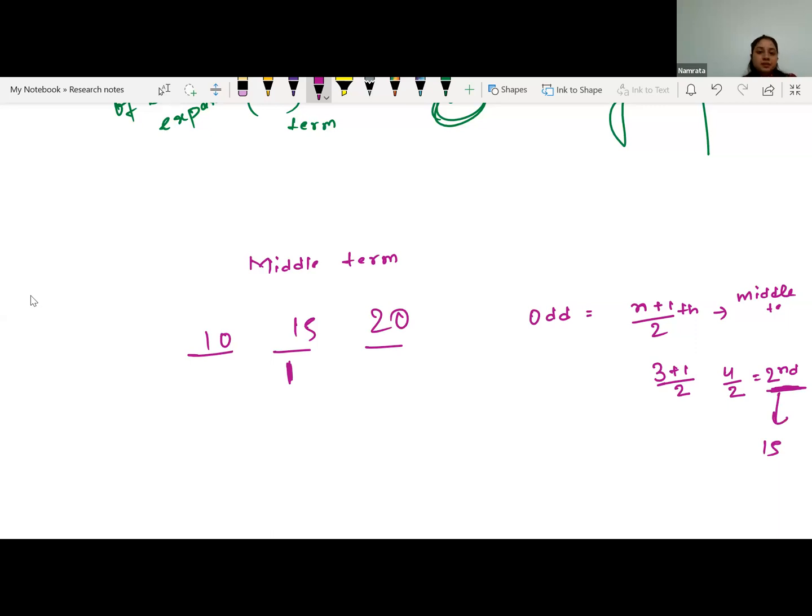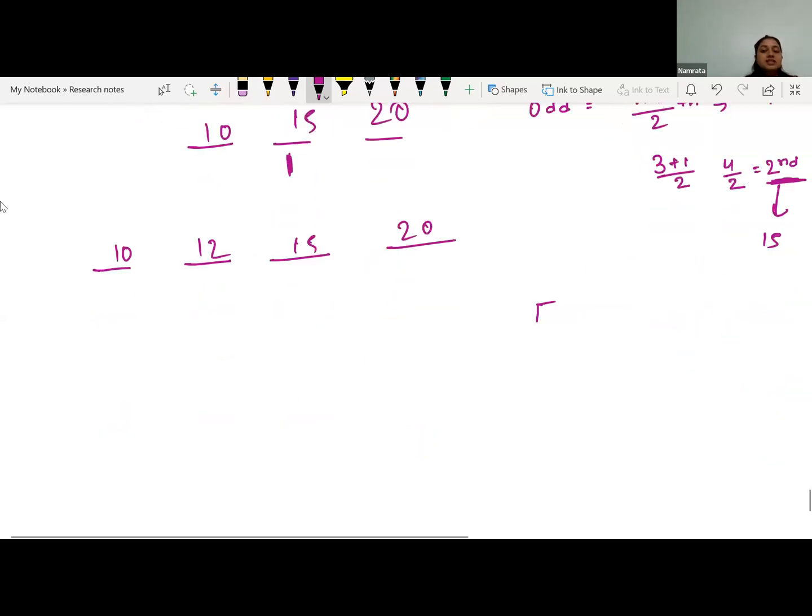Similarly, if the number of people is even, suppose 10 is there, 12 is there, 15 is there, 20 is there, then there is another formula for finding the middle term, which says that when an even number of people are there, then the n by 2th term and the n by 2 plus 1th term, these two are in the middle.